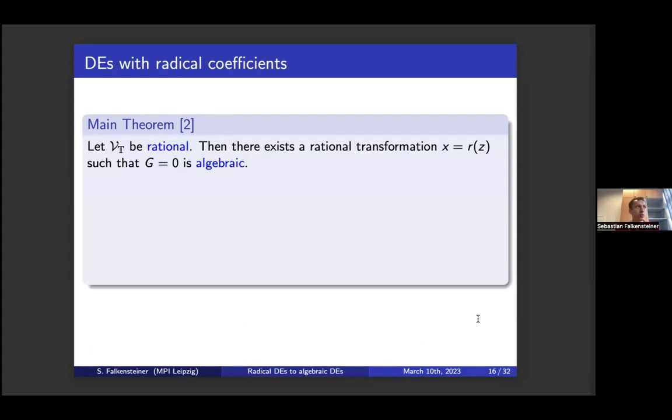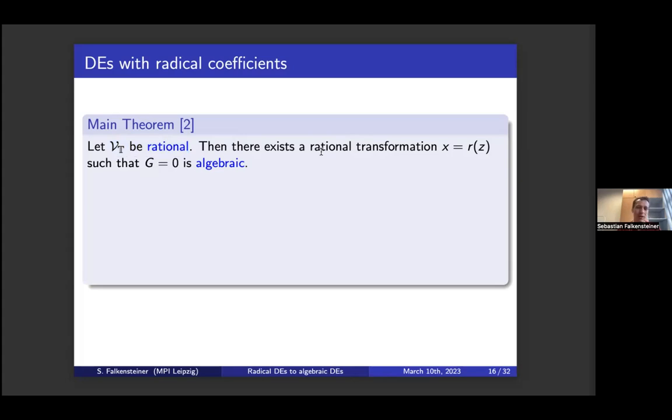Okay, so what we do is we treat this ODE similarly to the case of radical parametrizations. And by some version of the main theorem we saw in the beginning for radical parametrizations, we can prove the following. Previously we had that if the tau variety is rational, we can find a rational parametrization instead of the radical parametrization.